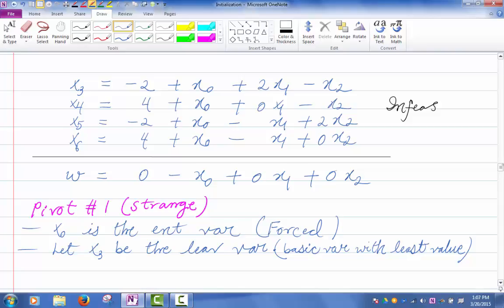And now, remember the optimal value for the auxiliary problem is the minimum value of x0, right? If the optimal value for the auxiliary problem is 0, then you know that the original problem is feasible, and the final dictionary of the auxiliary problem will give you a feasible dictionary for the original problem.